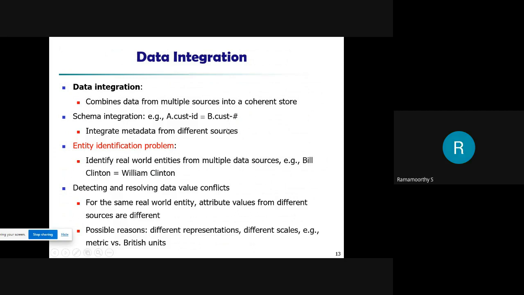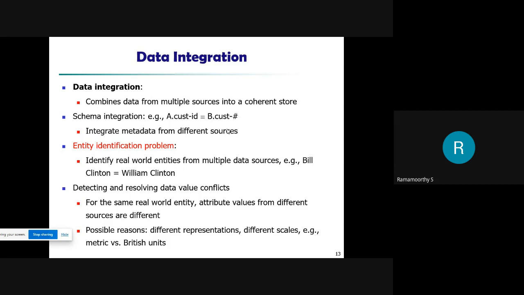Okay, thank you. So data integration, as per the previous discussion, is combining the data from multiple sources into a coherent store. You need to create a unified structure where you are going to store the data collected from the multiple sources. Schema integration also needs to be performed because the data you are collecting from multiple sources is not in the same format.